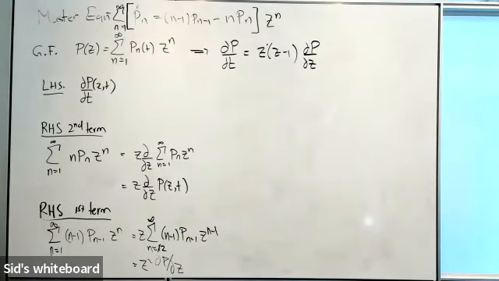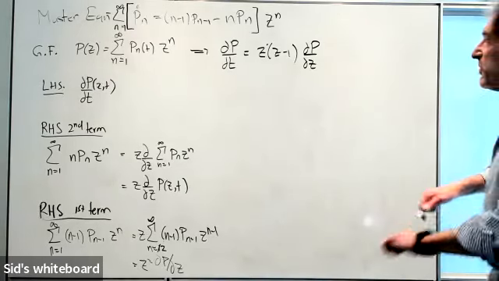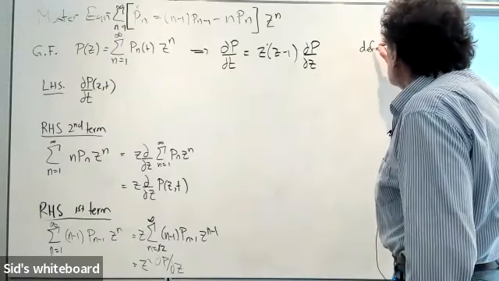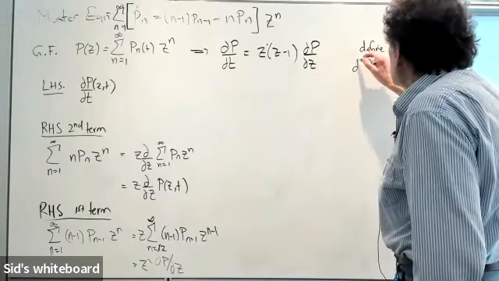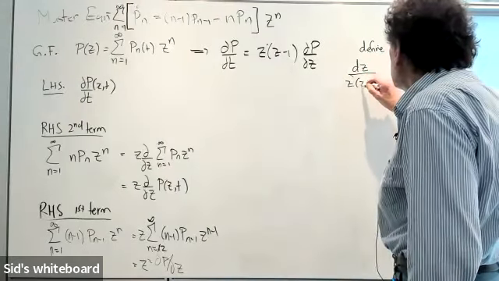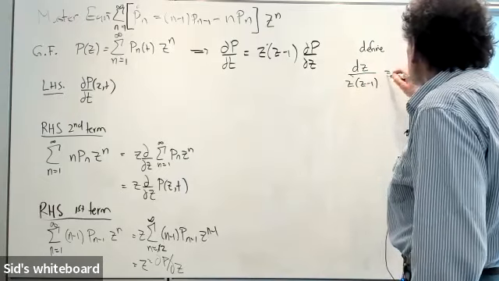And in this particular case, this is a very simple, although deceptive differential equation, because this is nothing more than the one-dimensional wave equation. And to see that, let me now define a new variable y by the following relationship: dz over z times (z minus 1) is defined to be dy.